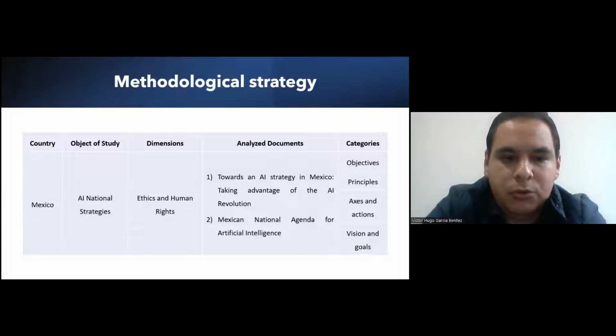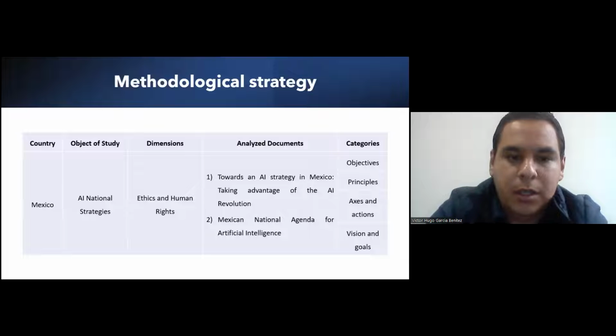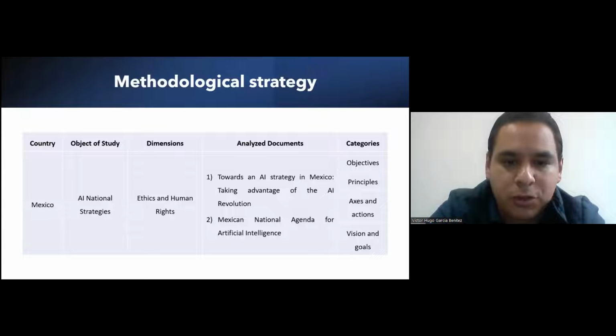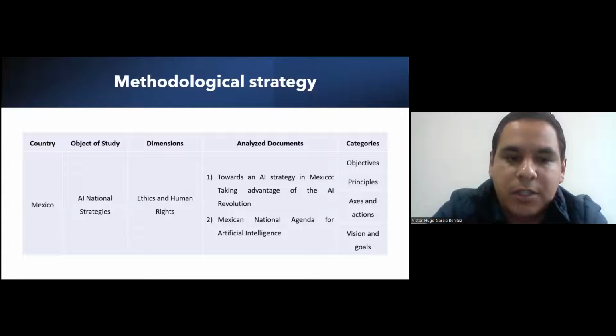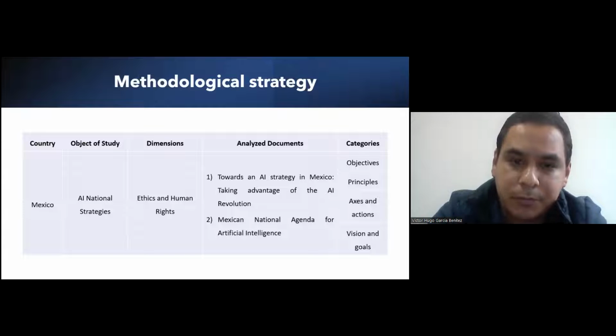We located two documents. The first document is the report Towards an AI Strategy in Mexico: Taking Advantage of the AI Revolution. This document was prepared by Oxford Insights and the company C-Minds. It has a series of recommendations for the development of a national strategy of artificial intelligence.